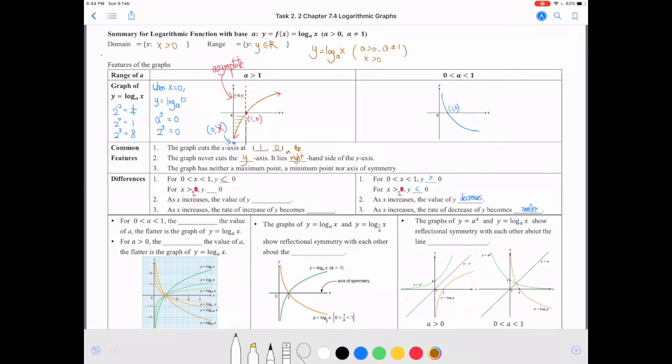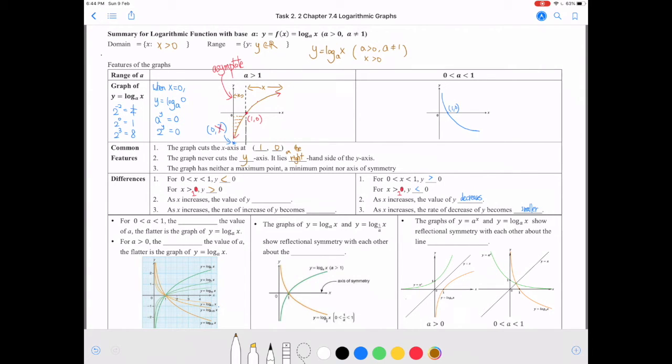This should be changed to 1, not 0. If x is bigger than 1, you can see the graph lies above the x-axis. So all the corresponding y values must be positive. So y is bigger than 0.